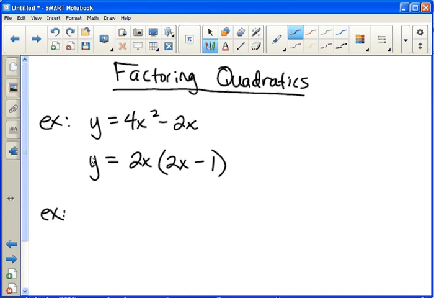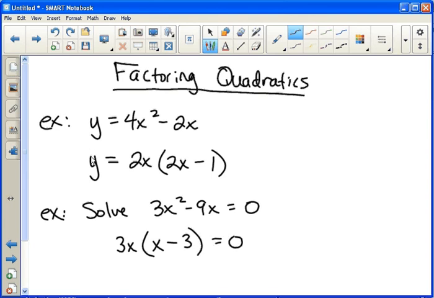Okay, let's try a similar one. Let's say we're told to solve 3x squared minus 9x equals 0. Again, the first rule of factoring is to see if there's anything that both pieces have in common. Well, both pieces have a 3 and an x in this case. That leaves me with x here and a 3 here.